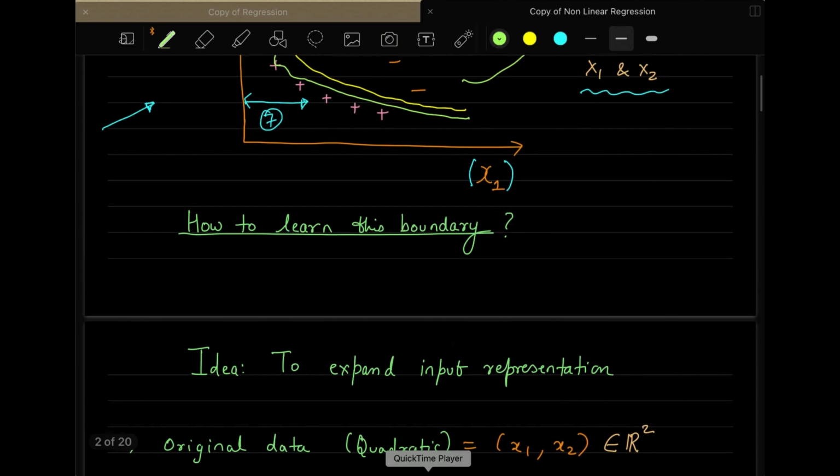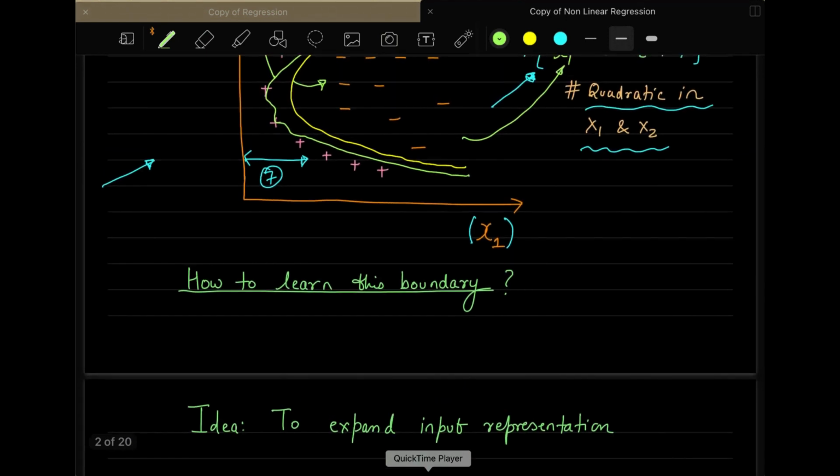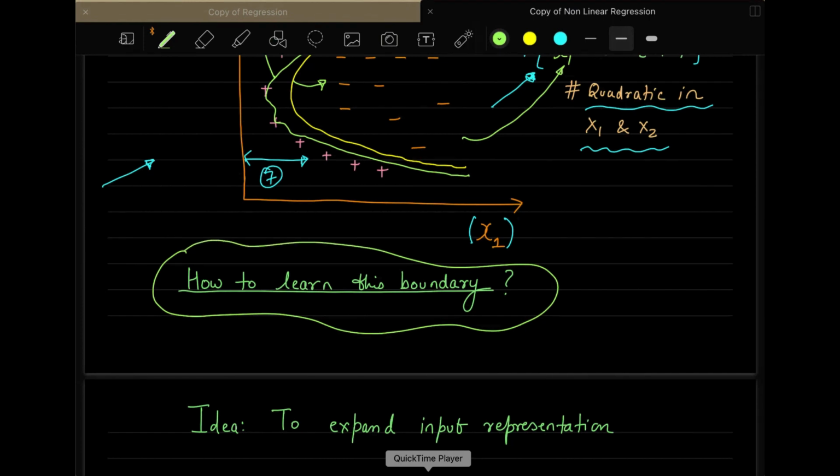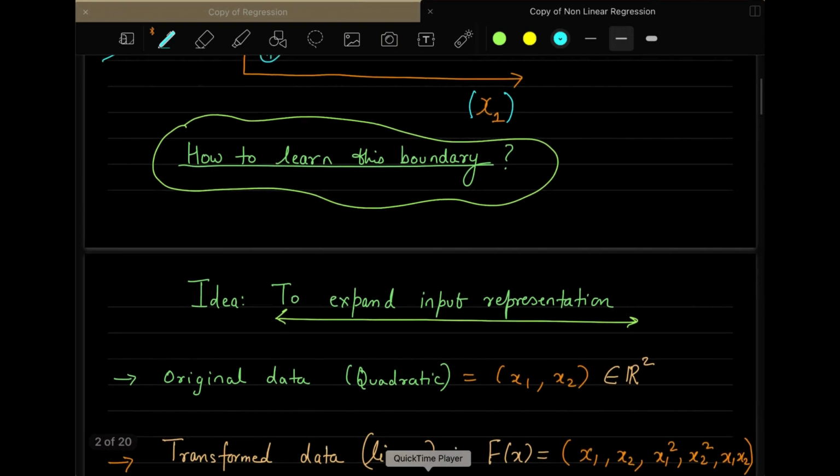One of the key ideas in learning this nonlinear boundary is to expand the input representation. This is the key idea in machine learning to learn the non-linear boundaries. So how can you do that? Let us say your original data, which is quadratic, is in x1 and x2.